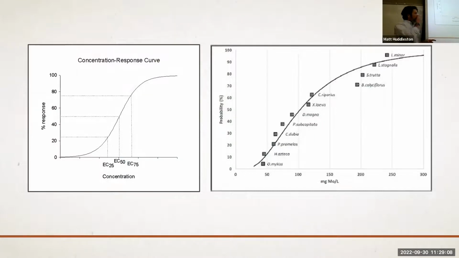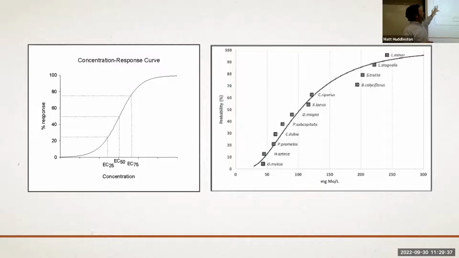Well, when I was a student here, Dr. Amy advised that I get a book called Aquatic Toxicology by a guy named Gary Rand, and I studied that book fairly diligently. And we did things like this concentration response curve, and basically what this represents is the percent response of your population, your test population in the laboratory.